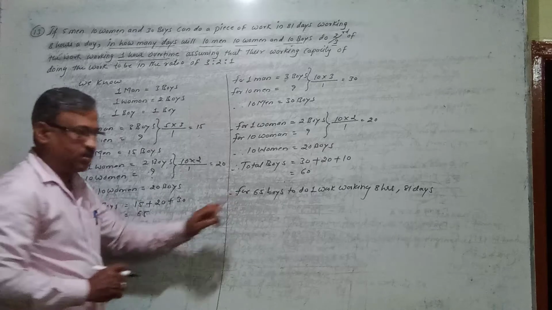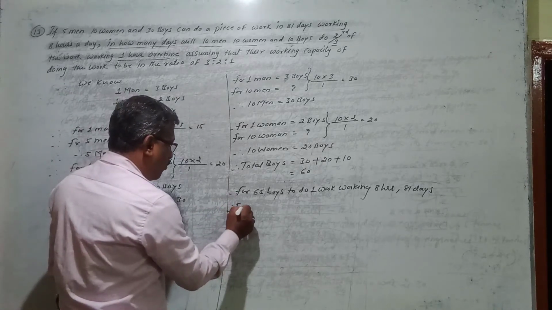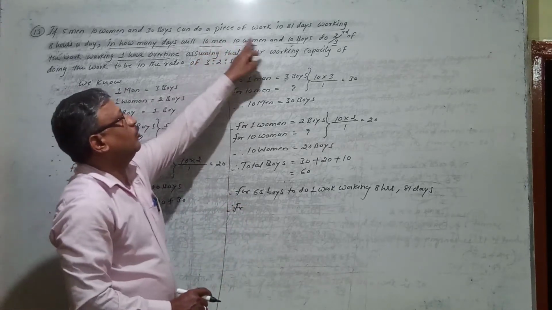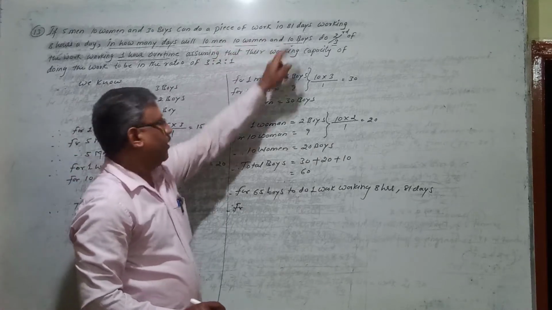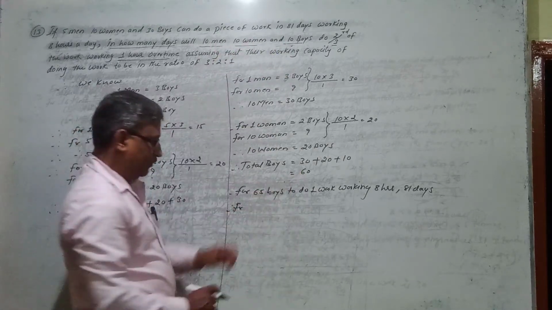This is given to us, and we have to calculate for 10 men, 10 women and 10 boys. So 10 men, 10 women and 10 boys means how many boys have we calculated? 60.